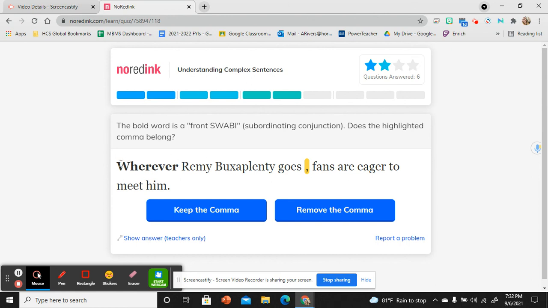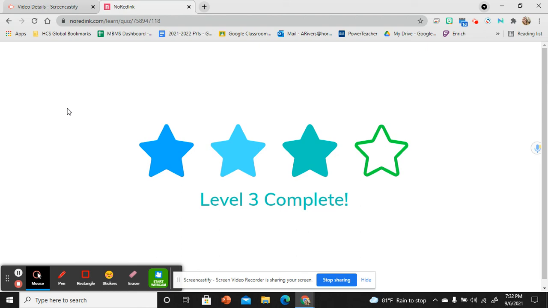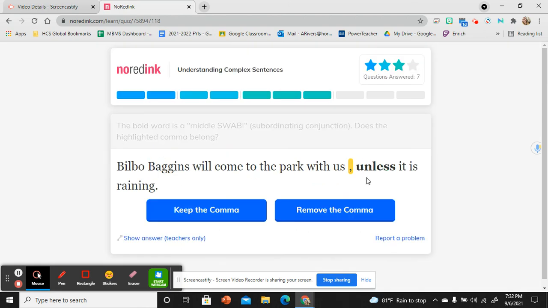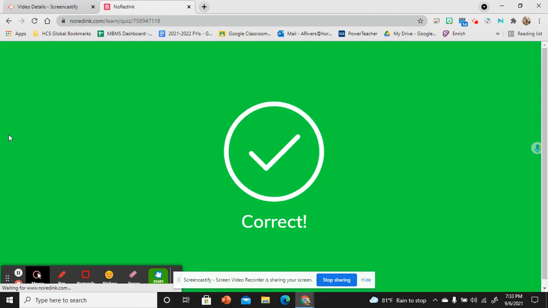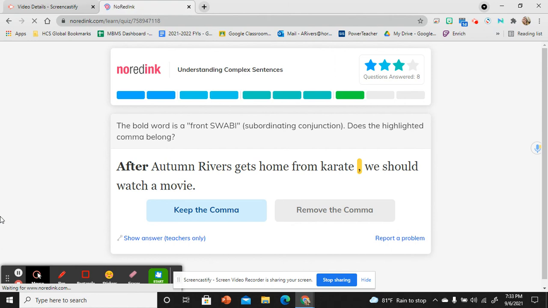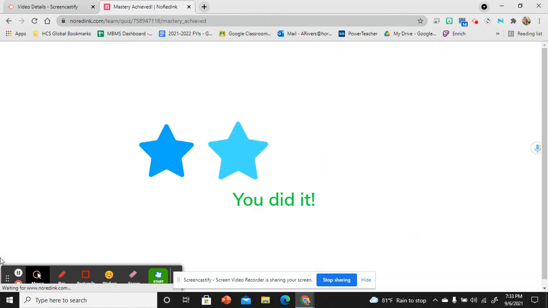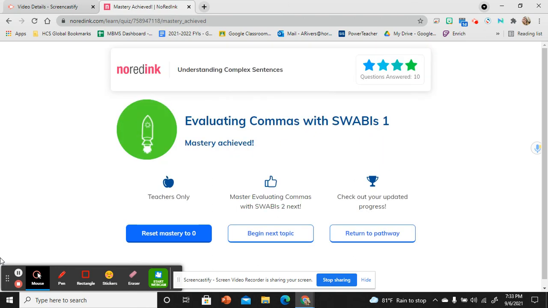So when we have a SWABI at the beginning, we need the comma. And when we have it in the middle, we don't need the comma. Over here, beginning, we're going to keep the comma. So if it comes in the middle, you don't need the comma.